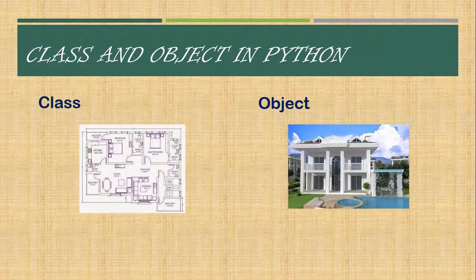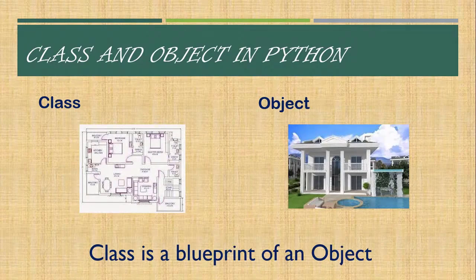The main thing is that when the building comes into existence, that is basically an object, and the class basically is just the blueprint. So the object is the physical existence of the blueprint which we had prepared, that is the class, and class was basically just the sketch or the blueprint.